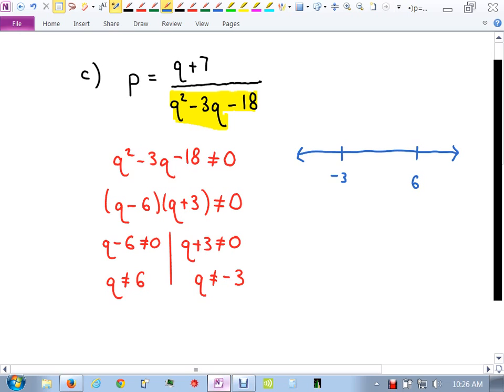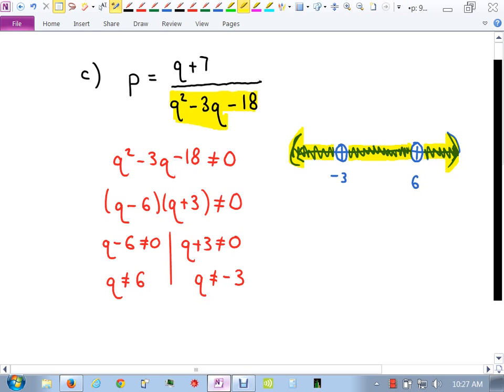Now I do not want those, so I'm going to put open circles there. But anything else works, right? So anything to the left of negative 3, anything to the right of negative 3, all the way to 6, and then anything from 6 on forever. So it's basically this, and this, right? All that stuff, but not those points.